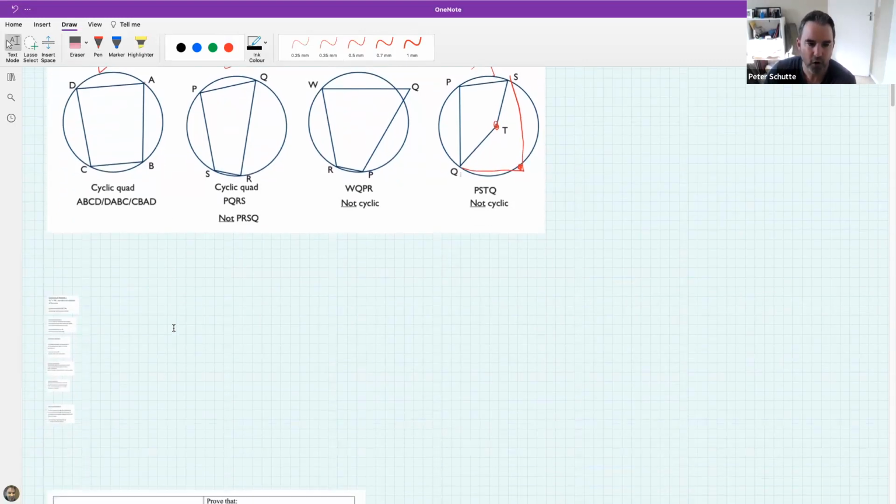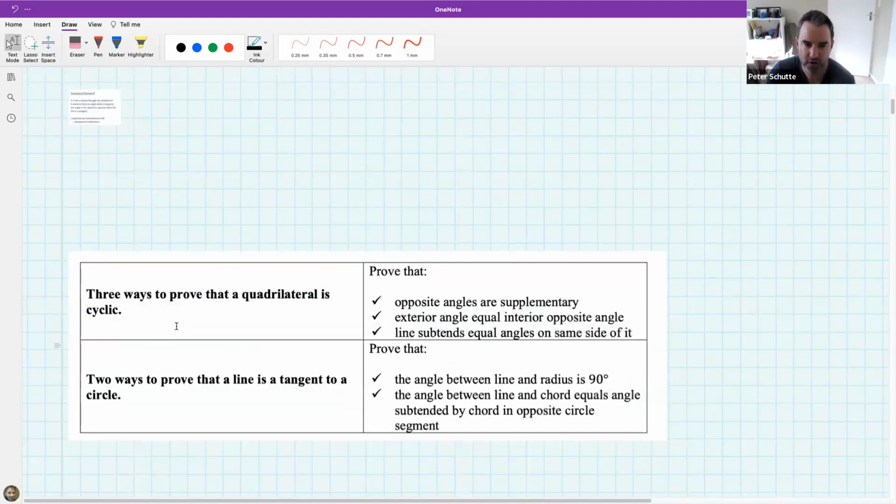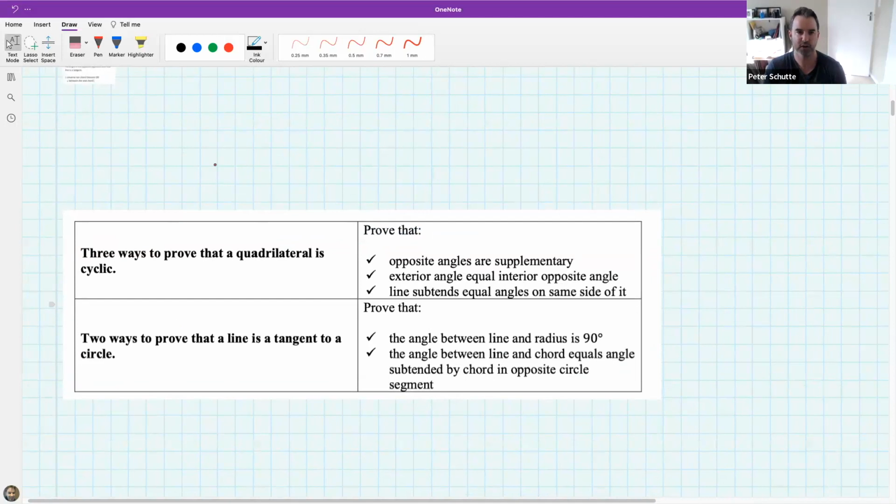But when we go to the theorems that deal with how we prove something is a cyclic quad, there are 3 ways we can prove it. If the opposite angles are supplementary, then we know it's a cyclic quad. Sometimes the way textbooks show this is they'll say these 2 sides have to add up to 180, or those 2 would add up to 180.